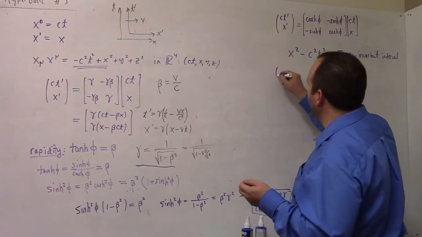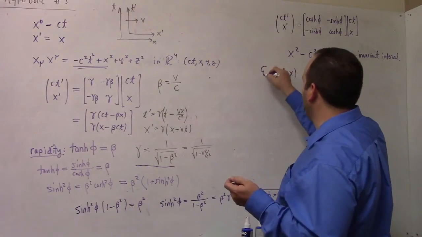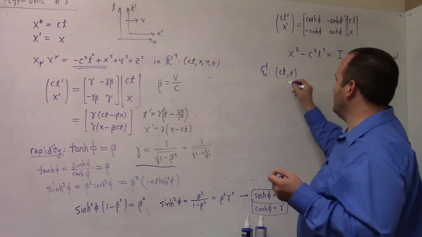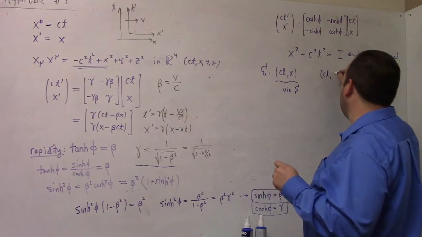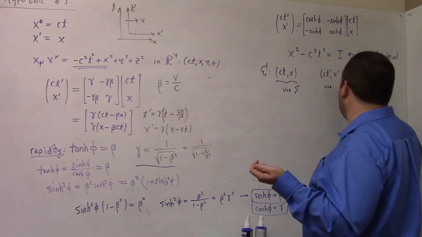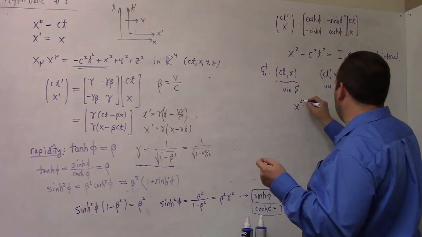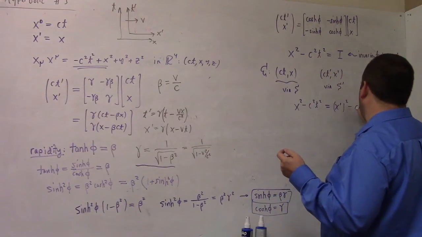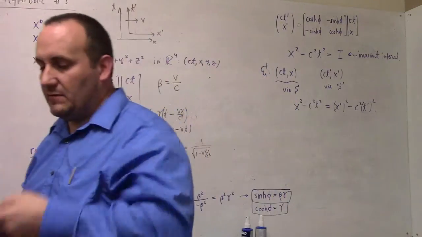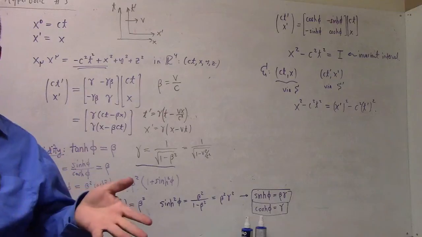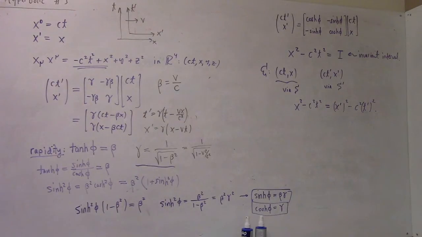So if the event is at ct, x according to observer S, and the same event is at ct prime, x prime via an inertially related observer S prime, then you have to have that x squared minus c squared t squared is equal to x prime squared minus c squared t prime squared. So in this sense, different inertial observers have to agree on events. They can have different time and different position, but this particular quadratic combination of position and time has to be agreed upon for an event.